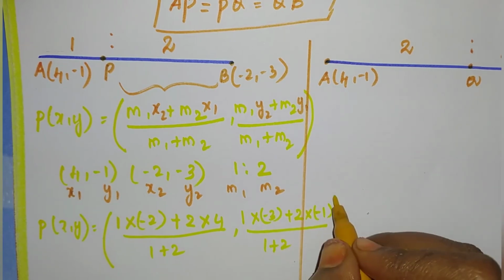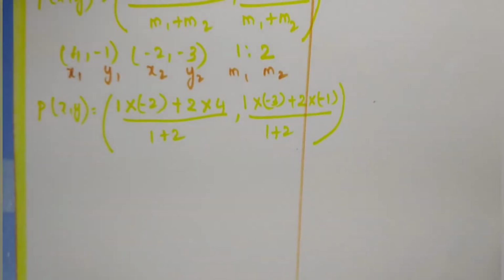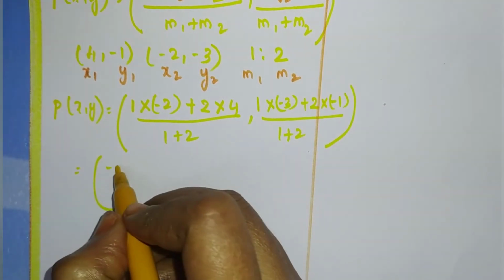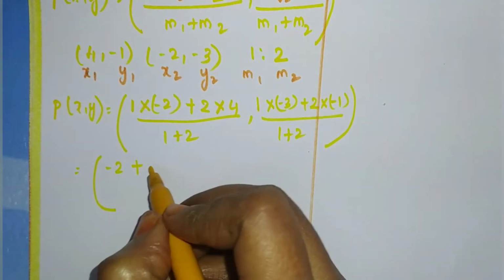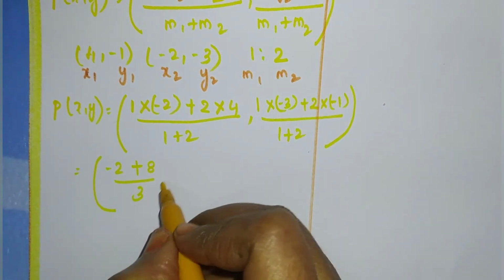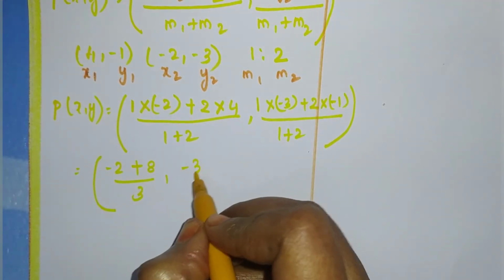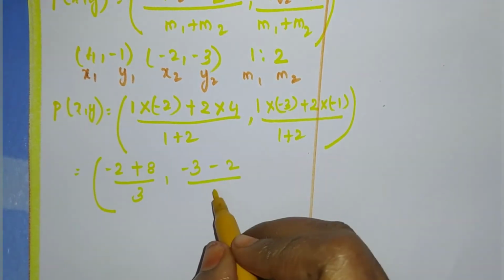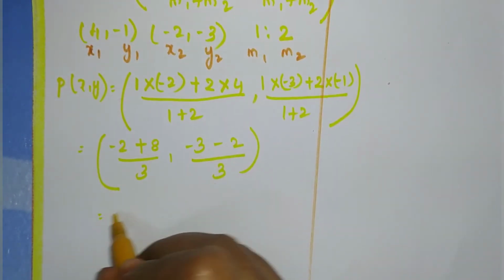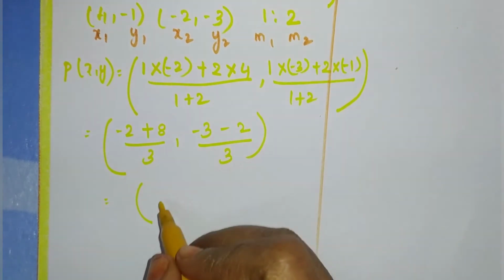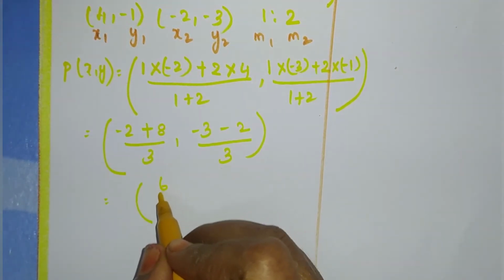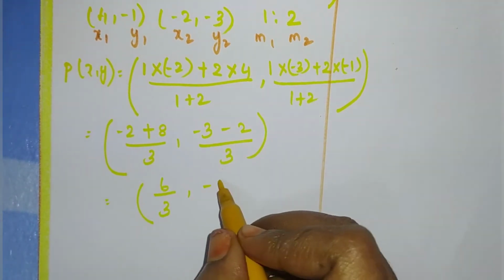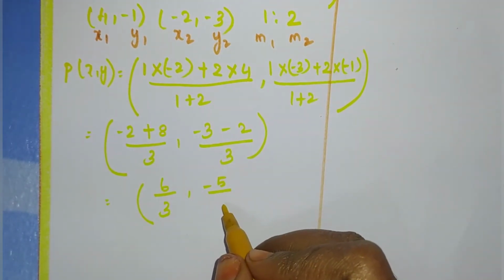Clear all of you children? Next multiply it. Minus 2 plus 4 2s are 8, divided by 3, comma, minus 3 minus 2 1s are 2, divided by 3. And then if you subtract, what you will get? 6 by 3 and then minus 5 by 3.